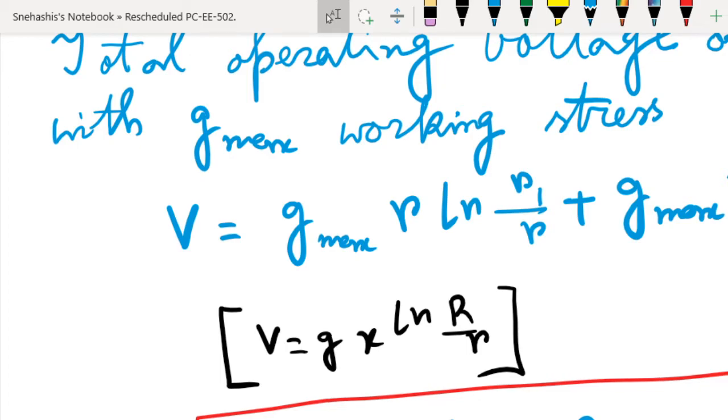Okay, now we'll be talking about intersheet grading.